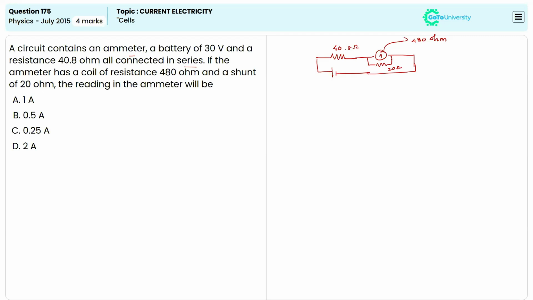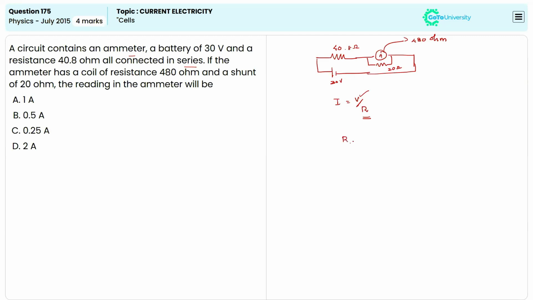So here we are going to calculate the value of current, right? It's known that current can be calculated using the formula V divided by R. For that, first we have to calculate the total resistance, whereas V is from the battery, which is given as 30 volt in the question. For calculating the total resistance, we can use the parallel connection formula.